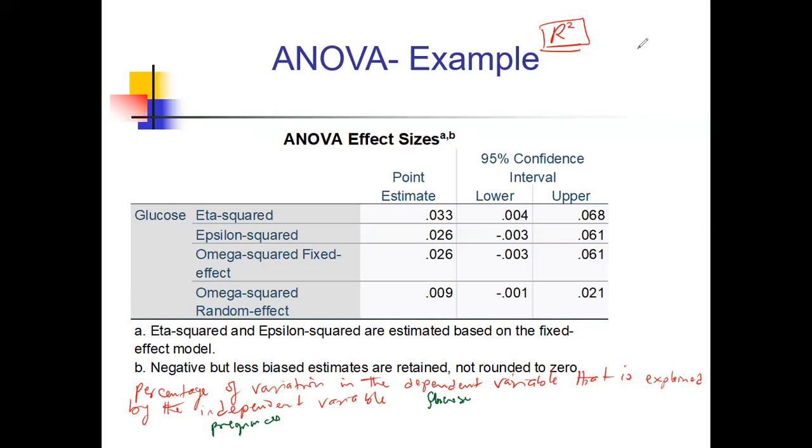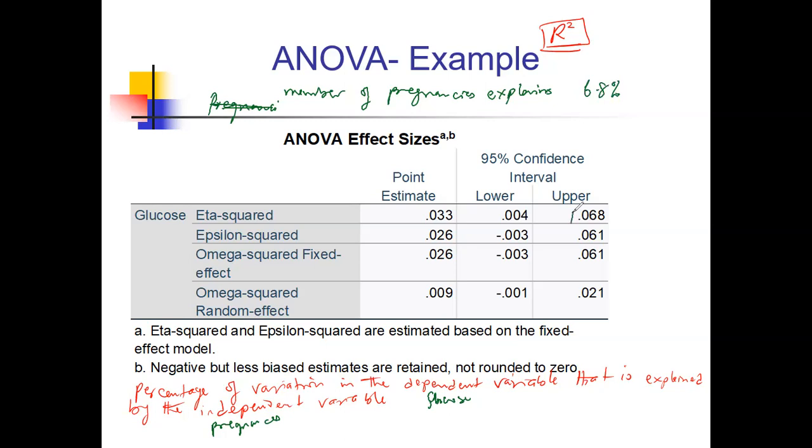Let me move this away. I'm going to write it on top here with green. So it will be: number of pregnancies explains 6.8%.